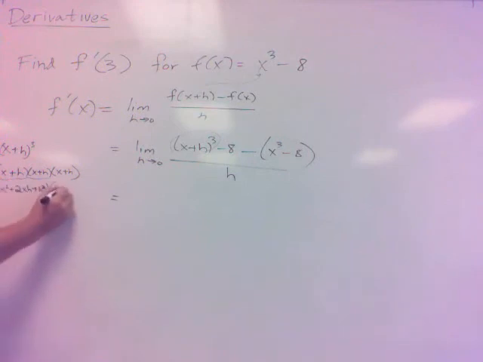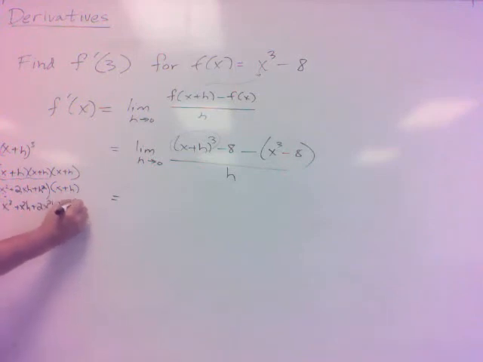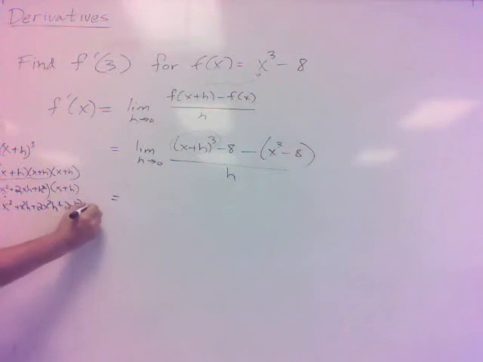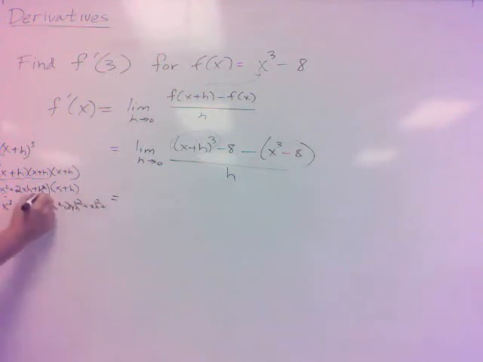Multiply that by x plus h. So that'll be x cubed plus x squared h plus 2xh times x, which is 2x squared h. 2xh times h is 2xh squared. h squared times x is xh squared. And then h squared times h is h cubed.